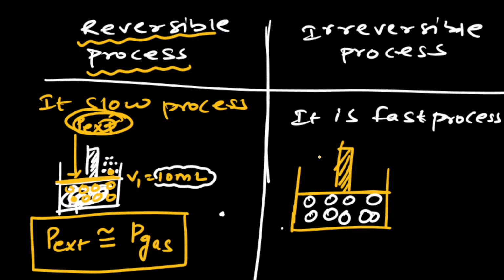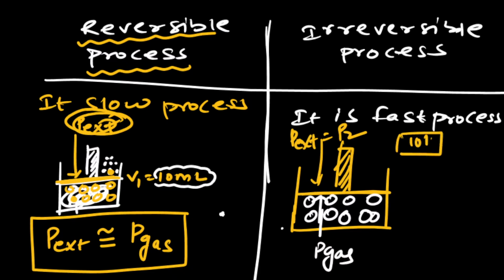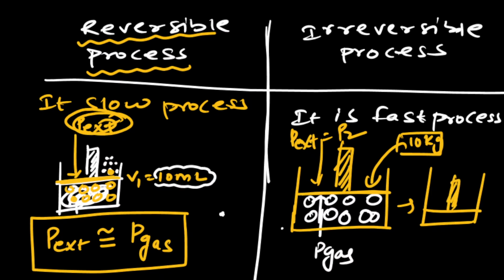Now here P external will be equal to the final gas pressure. Now here it is the P gas pressure. What I will do is suddenly drop 10 kg of mass. What will happen? The gas piston will come here and it will stop.